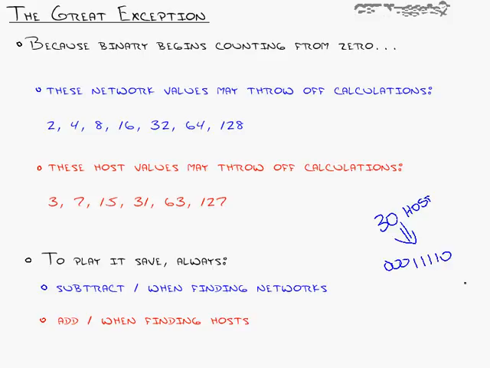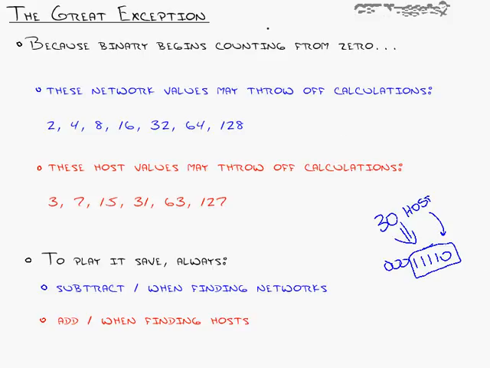I was just doing that while I'm talking, and if that's right, I must be really good, but it's probably wrong. So the reason I have you break that into binary is because I need to know how many bits it takes to get the number 30, because that will tell us how many bits we need to carve out of our subnet mask or save for the hosts in order to get an accurate answer.